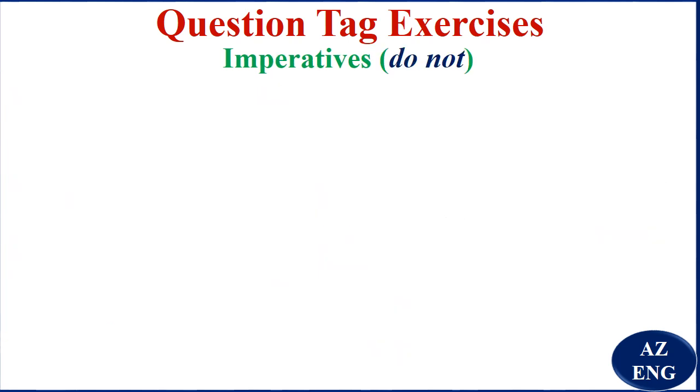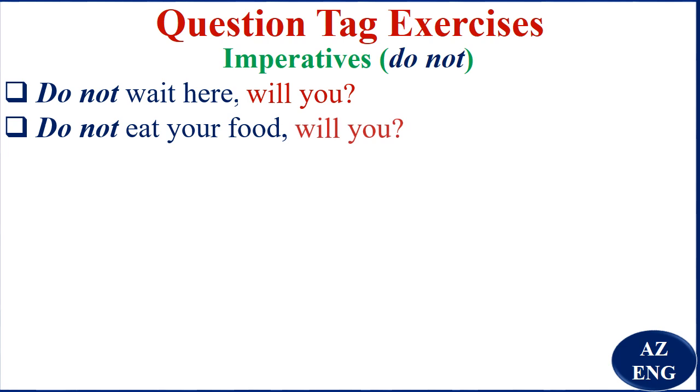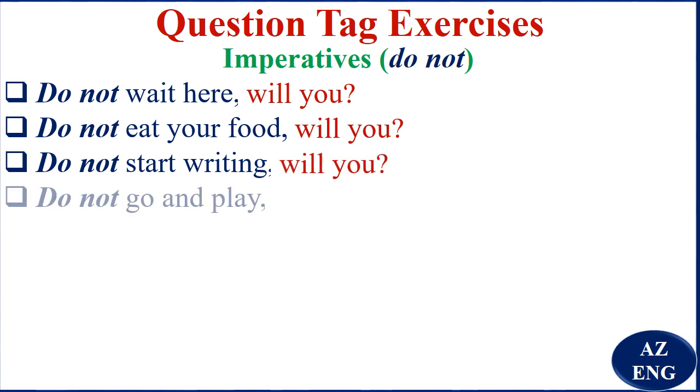Now the imperatives are going to be used with do not. For example, do not wait here, will you? Don't worry, I will explain that. Do not eat your food, will you? Do not start writing, will you? Do not go and play, will you?